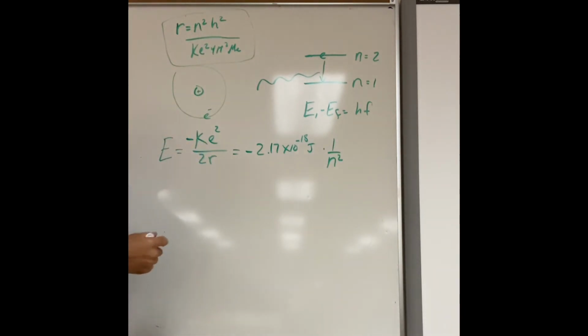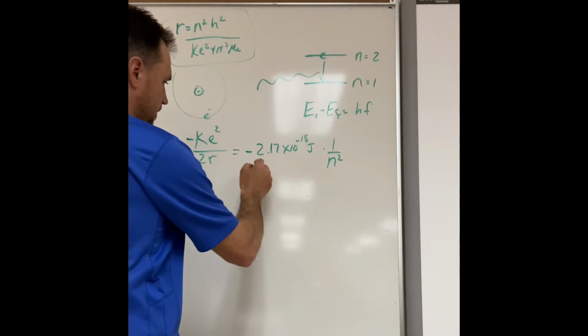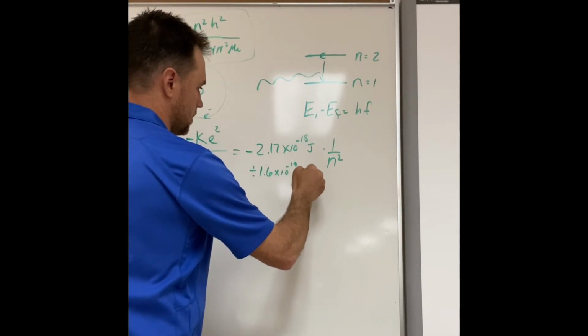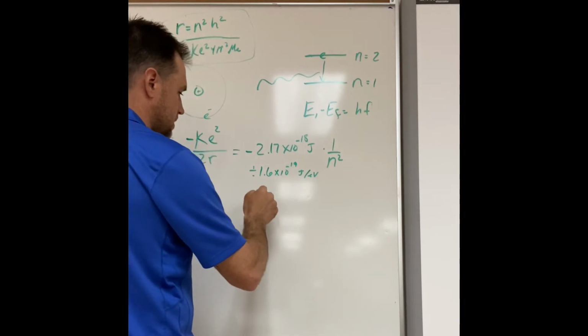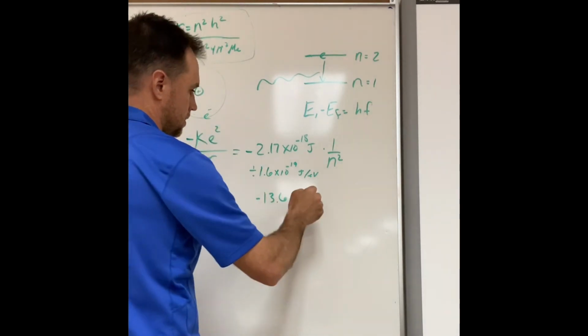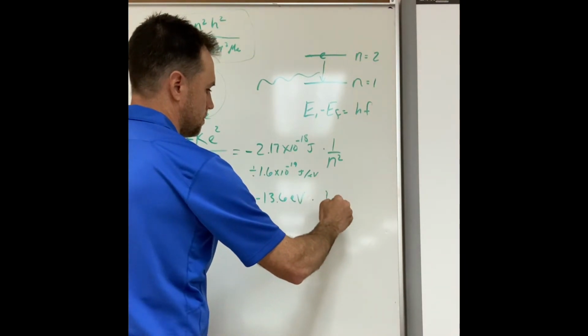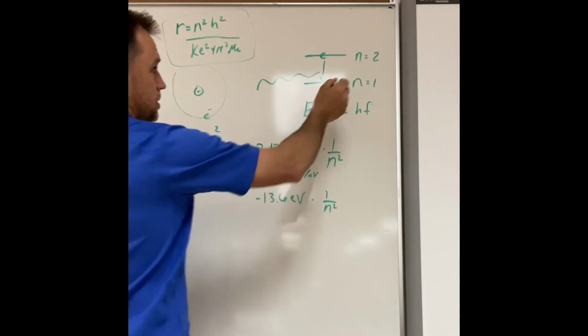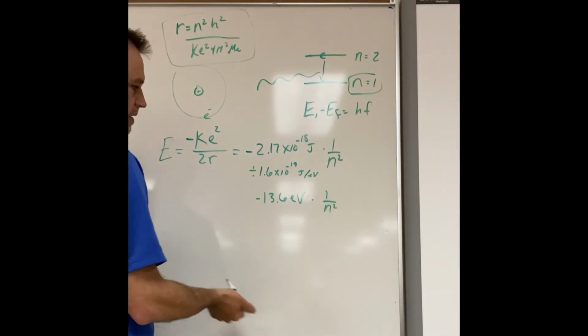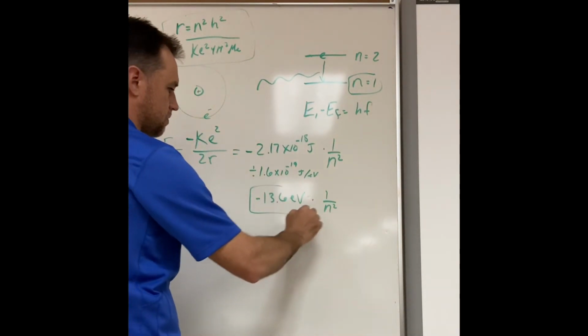Well, that's such a small number of joules that it's going to be helpful to use electron volts. So if you convert this, divide by 1.6 times 10 to the negative 19th joules per electron volt, you're going to get negative 13.6 electron volts times 1 over n squared. So for the first energy level, n equals 1, you just put 1 in there, and it's negative 13.6 electron volts.